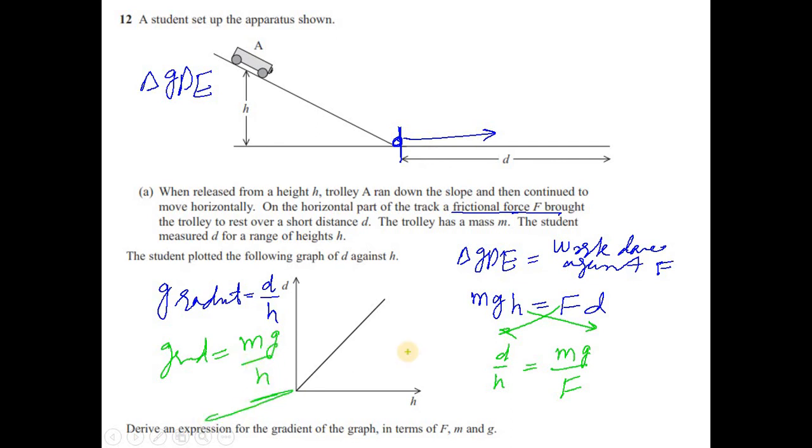Sorry, I wrote h mistakenly. It's not h, because h we have replaced, so this is not h here, it is mg by F. I'm sorry about that. So the final answer is gradient equal to mg upon F.